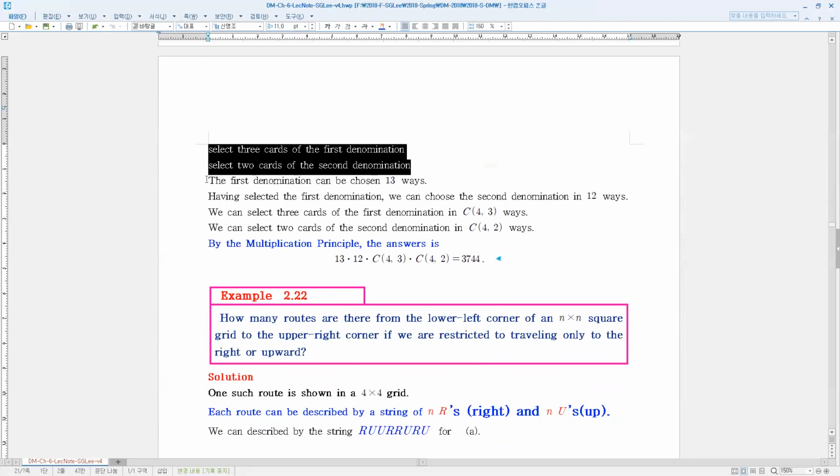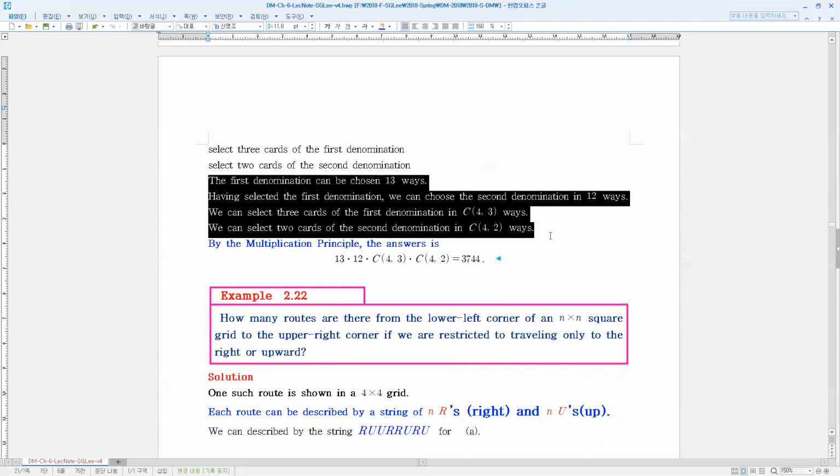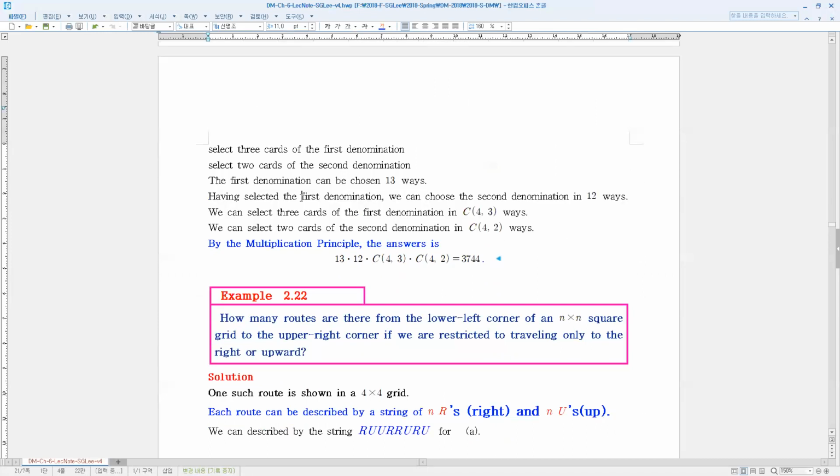Okay, so if we really count, then the first denomination can be chosen 13 ways. Having selected the first denomination, we can choose the second denomination 12 ways. Then we can select 3 cards of the first denomination in 4 choose 3 ways. Then you can select 2 cards of the second denomination in 4 choose 2 ways.